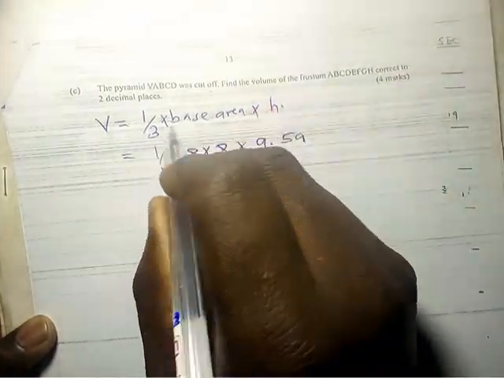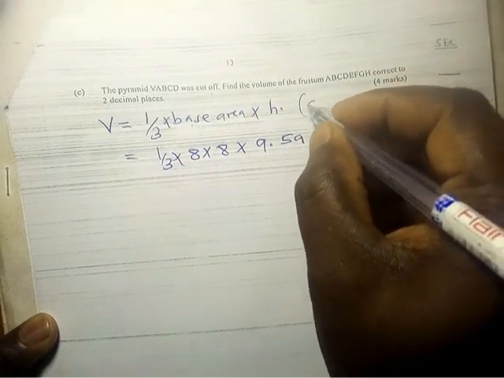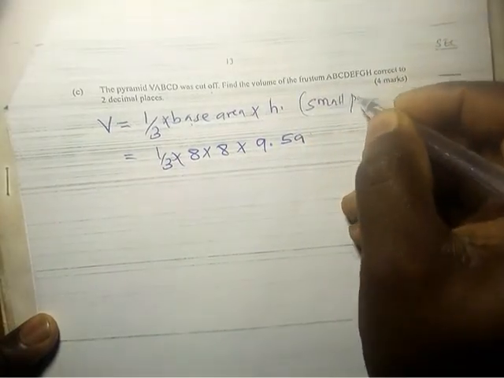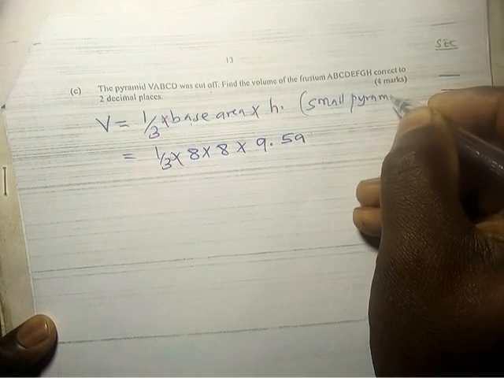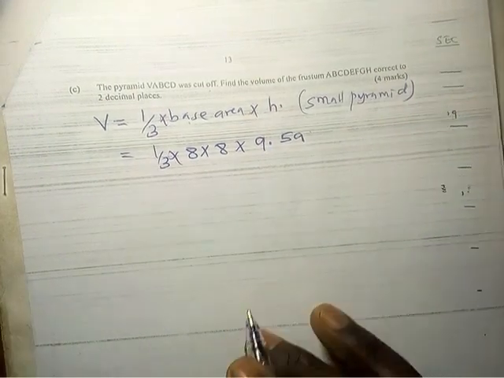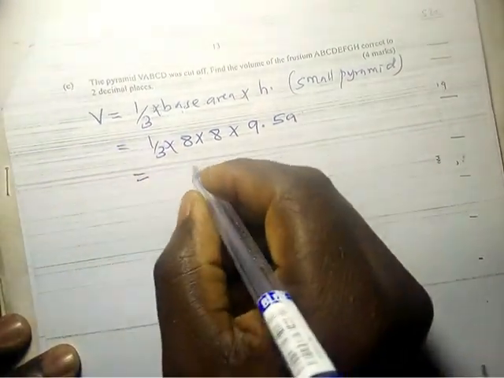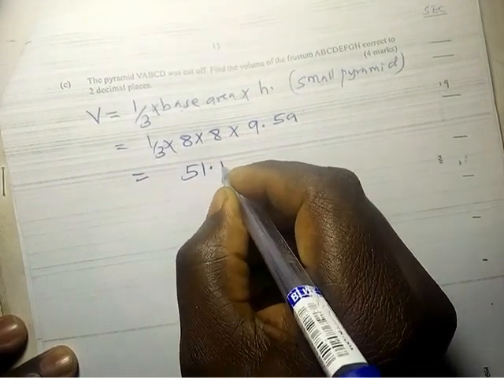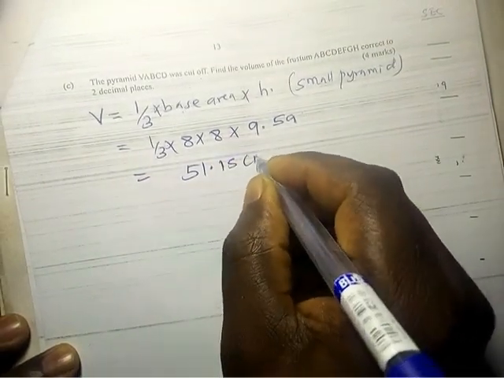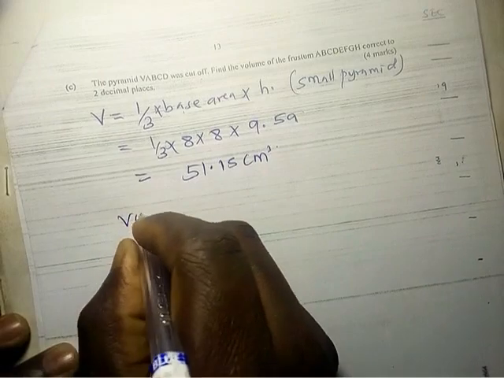Remember, this is the volume of the small pyramid, the top one. This one will give us a total of 51.515 centimeters cubed.